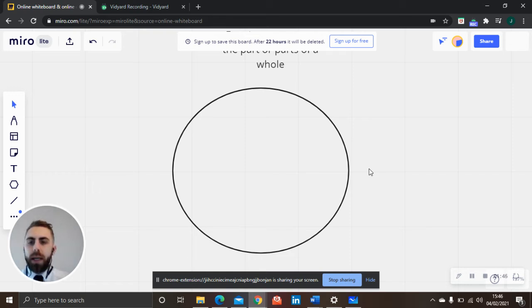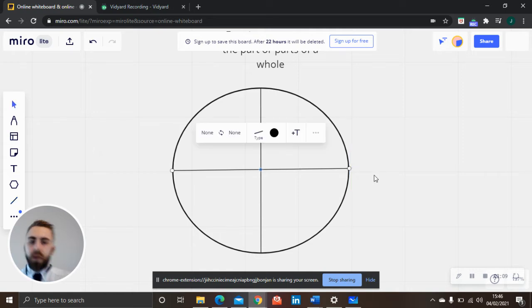And what we're going to do now is divide our pizza into 4 slices, and we're going to make sure that they are equal. For fractions to work, we divide something into equal parts. Must be equal.